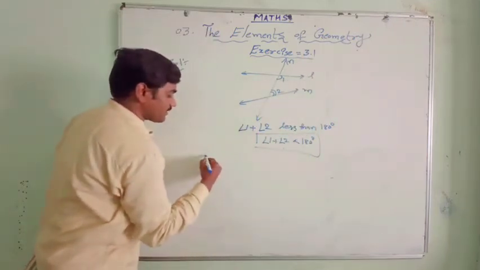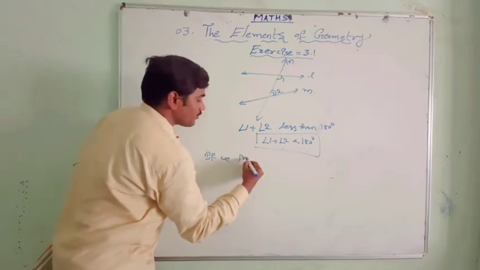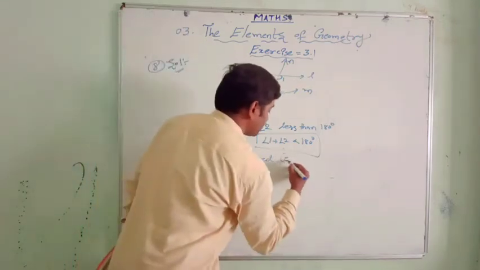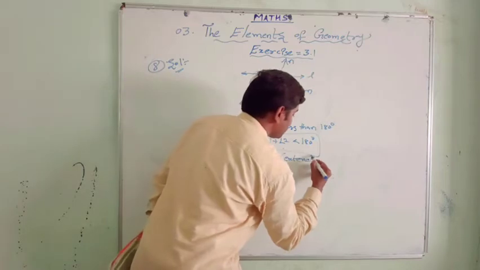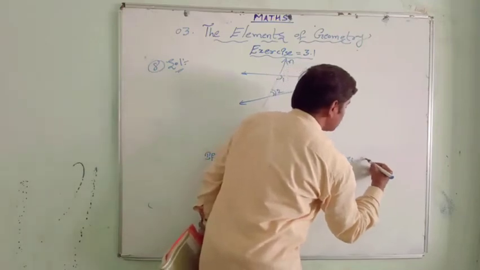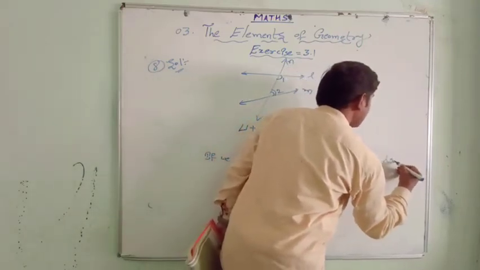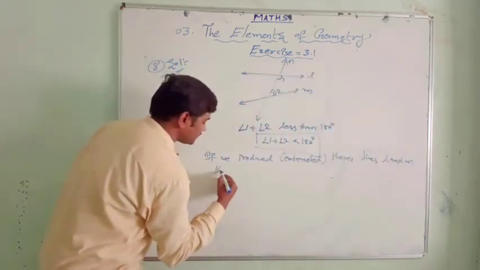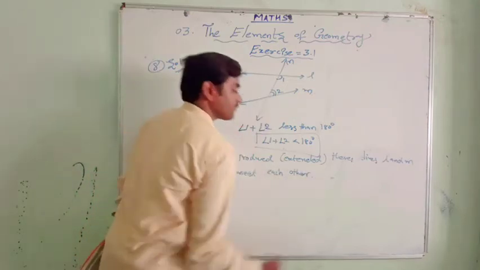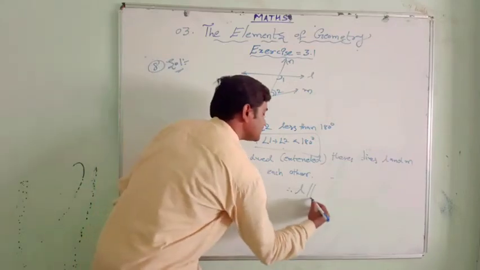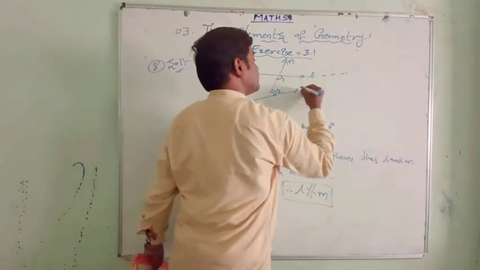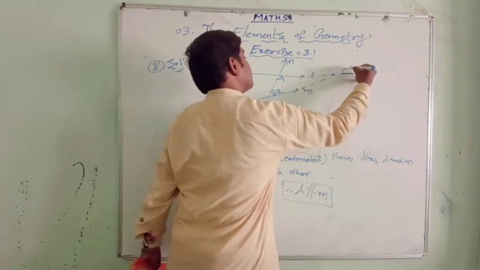If we produce or extend these lines L and M, they meet each other, and at last we can say L is not parallel to M. If you extend this, they meet each other in the future.